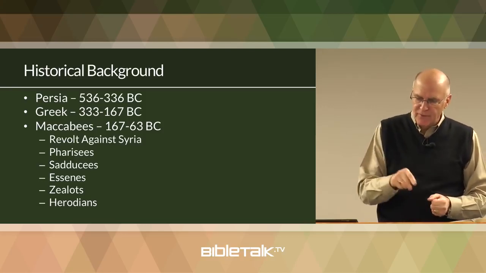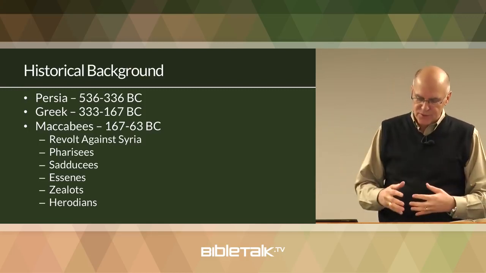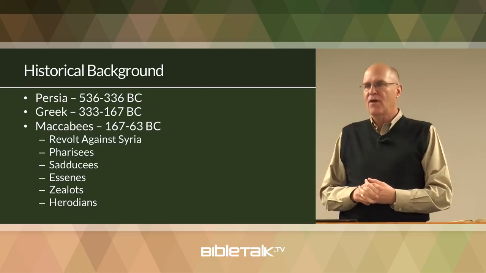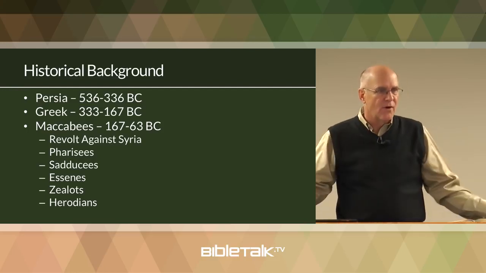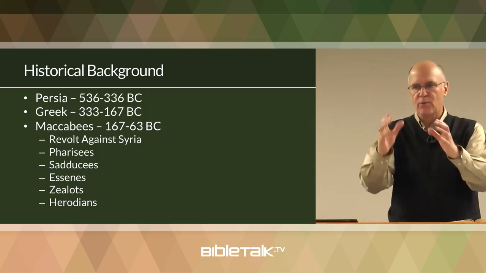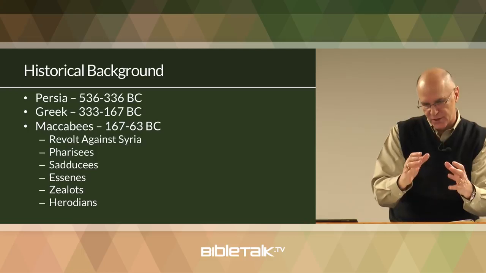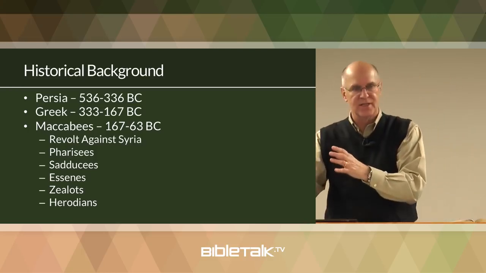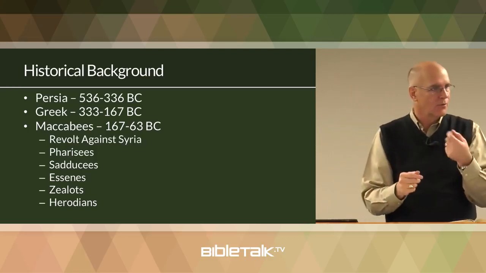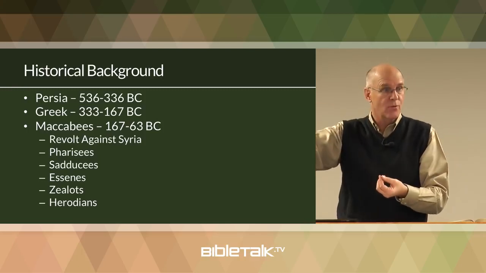And during this period, very interesting, new powers arose within Israel. If you ever wonder, where did the Pharisees come from? Who are those guys? Well, they were scribes. That's what they did. And they belonged to a party called the Pharisees. The word Pharisees simply means the called out people, the separated ones.